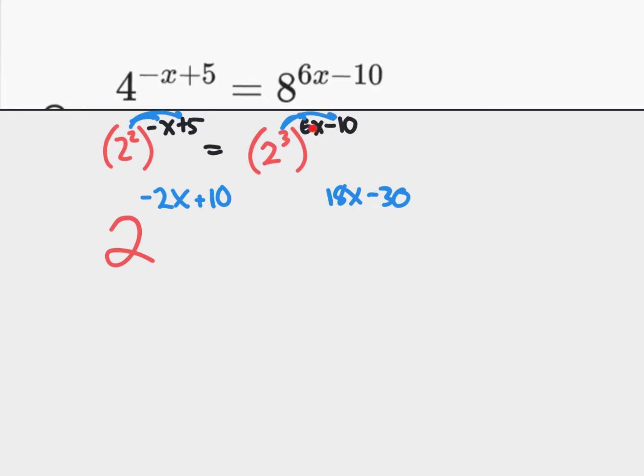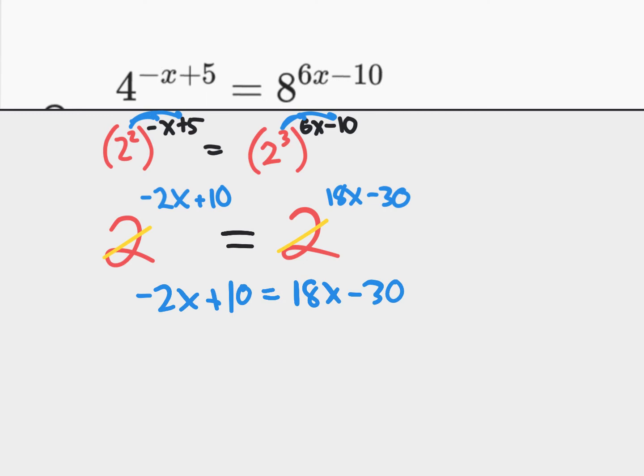And again, this power to a power, that's the power over base 2, not 4. And of course, this equal sign is now between those two red 2s. And of course, the whole purpose of getting the same base is to eliminate those bases. And then your exponents come down. Negative 2x plus 10 equals 18x minus 30.